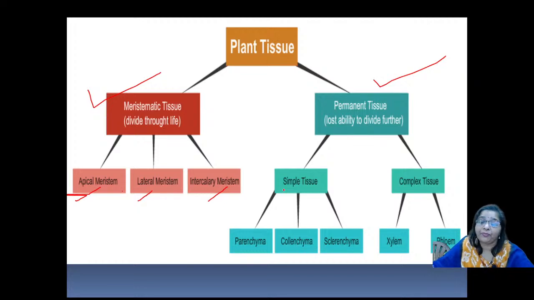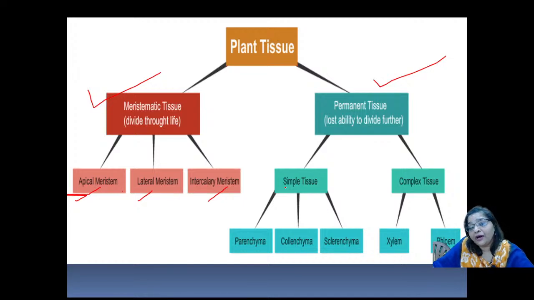Simple tissues are basically three types, categorized into parenchyma, collenchyma and sclerenchyma. Parenchyma are the basic and the most simple type of tissues, okay? And basically their function is storage of food material, and they fill in all the spaces wherever necessary.